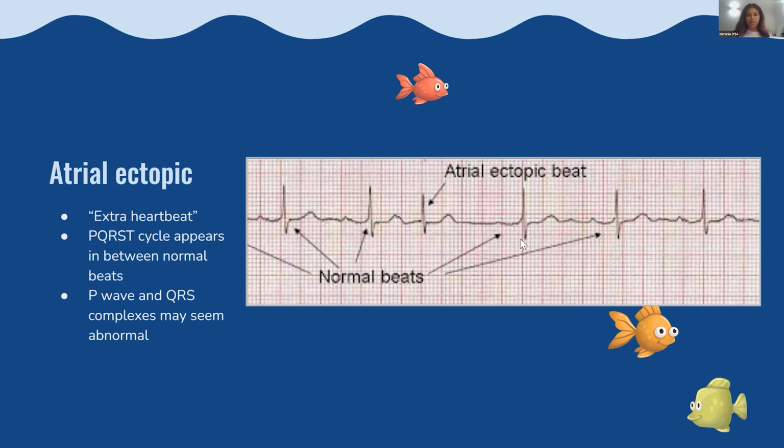That's what we consider an atrial ectopic beat, an extra heartbeat that has applied itself. Other than that, the P wave and the QRS complexes can seem abnormal at times. For example, maybe this QRS complex or the R wave here looks a little smaller than the rest.